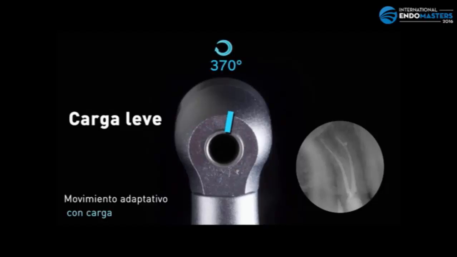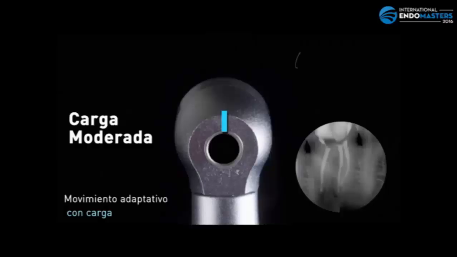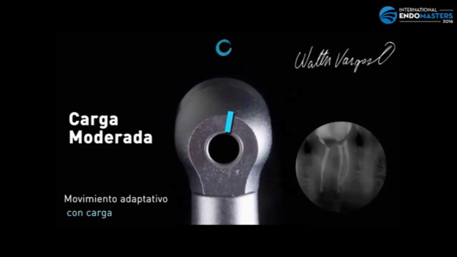With a mild curvature, the file is going to rotate 370 degrees to the right and 40 degrees to the left. With a moderate curvature, the motor is going to rotate 370 to the right and 30 degrees to the left.